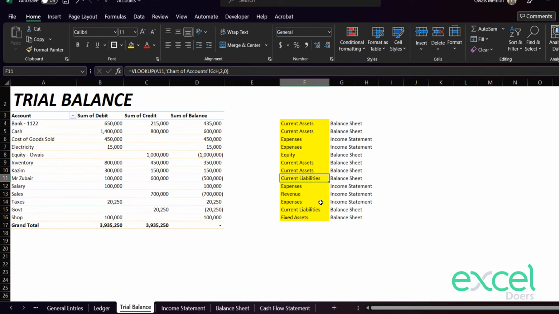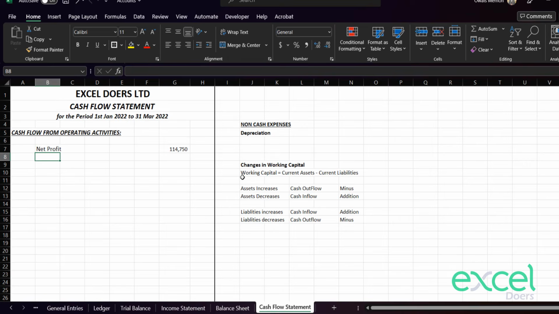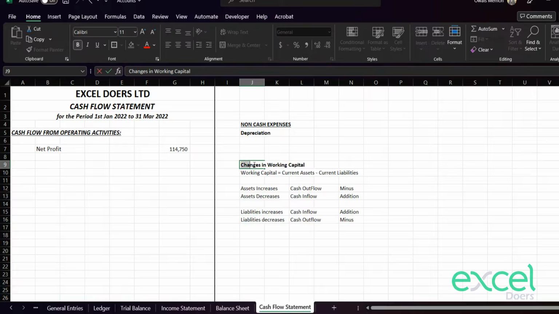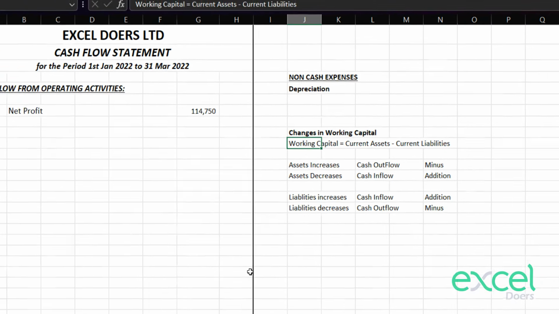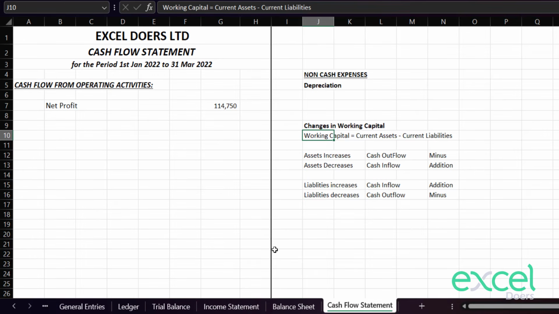Please remember one more thing, that I have to take changes, not the final value. I have to take only changes. Changes means ending balance minus opening balance, then you will get the changes.